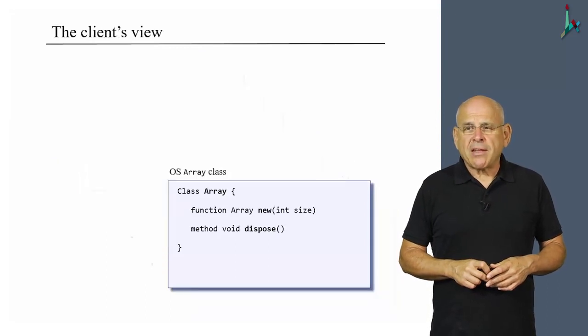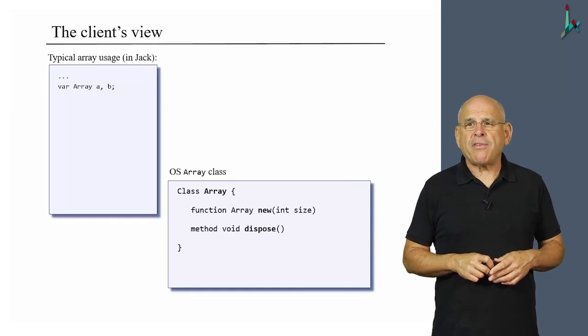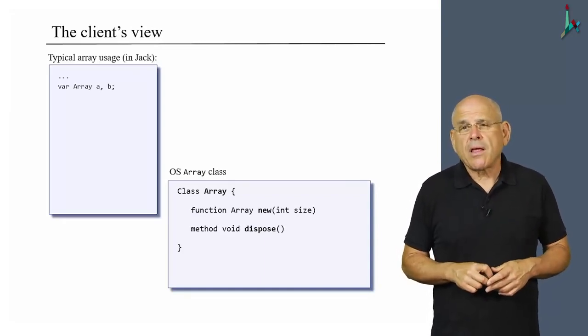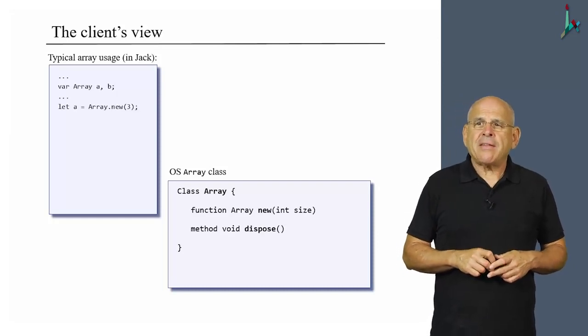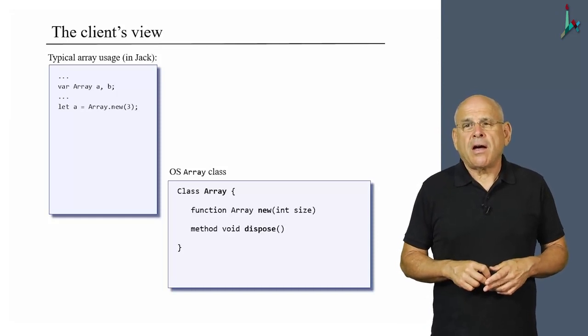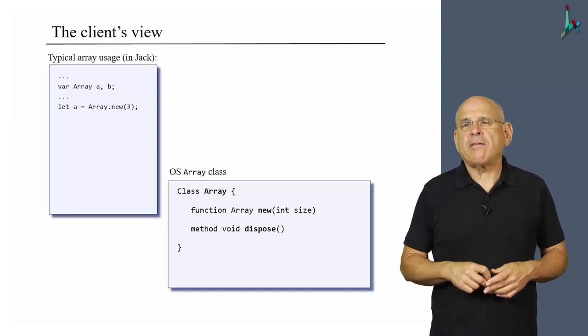So before we get started with the implementation, let's take a client's perspective, and here's a piece of code that creates two arrays, A and B. And then the client says, construct an array of size 3 and let A point to it.